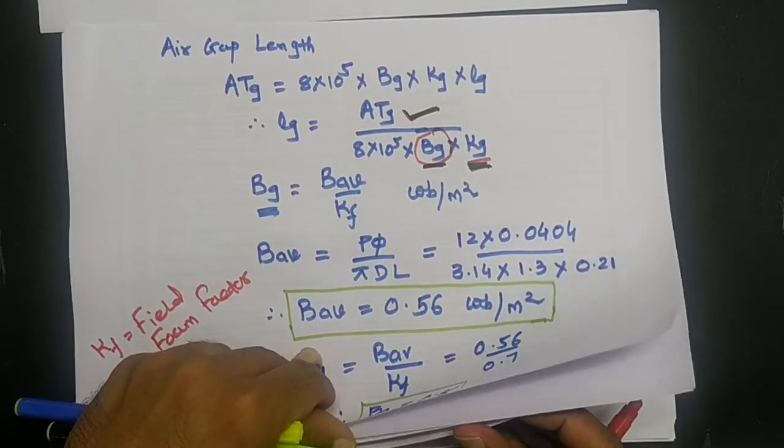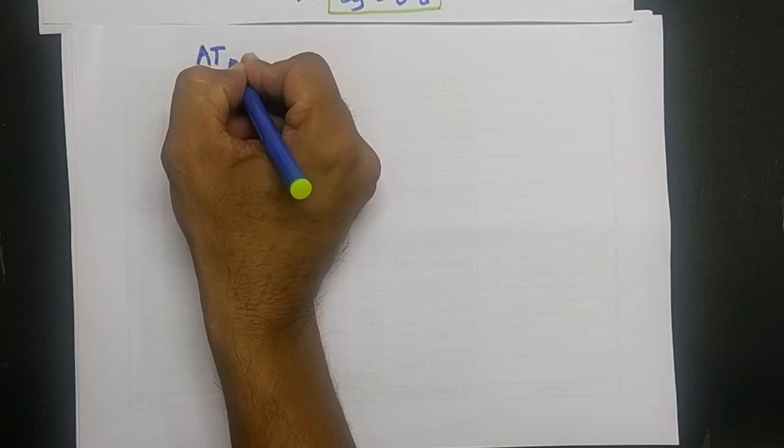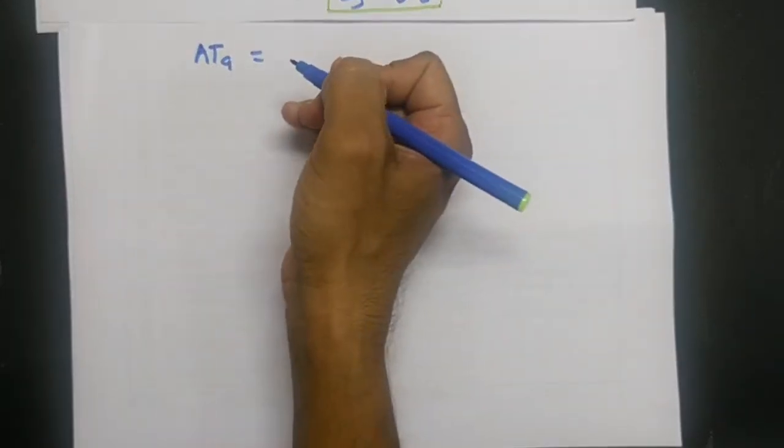So to find the ampere turns for the gap, first we have to find the ampere turns for the armature. So let us find the ampere turns for the armature, and based on this value we will be able to calculate the ampere turns for the field at no load, and then based on this value again we will be able to calculate the ampere turns for the gap.